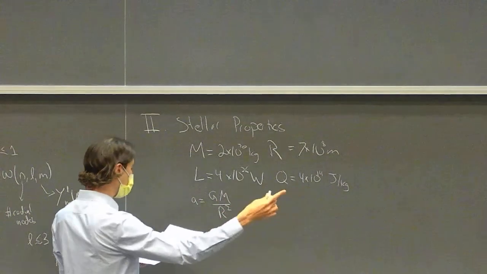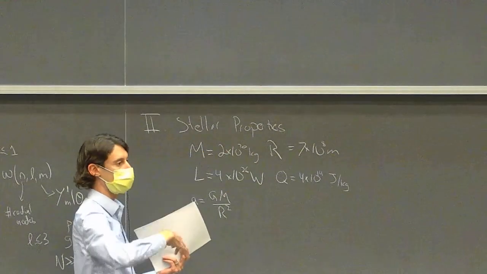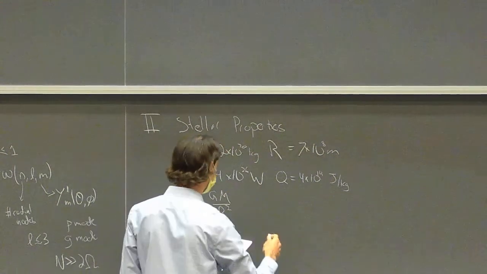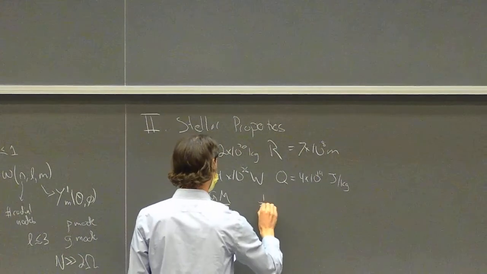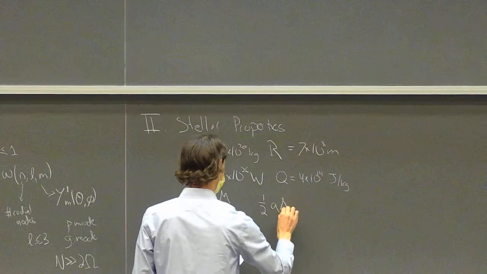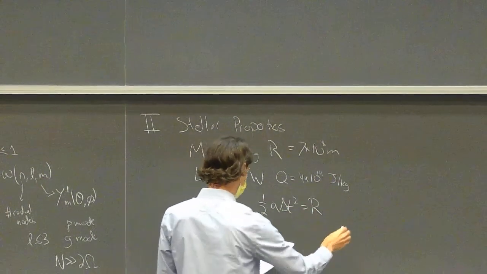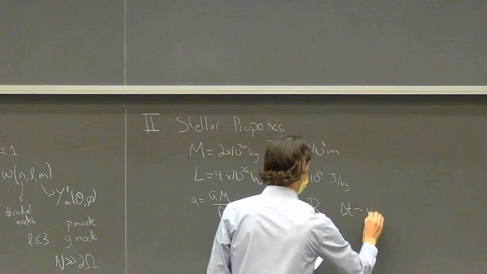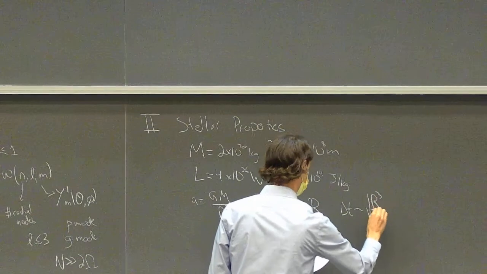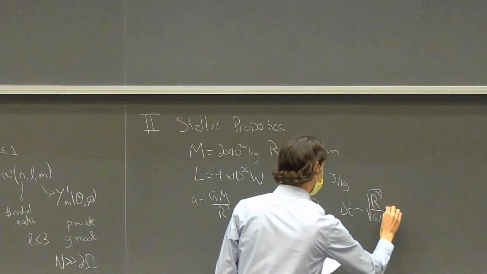And if you have that acceleration from the surface all the way to the center, then the amount of time it would take for you to fall to the center, which is 1/2 a Δt squared, is equal to R. So that means that you end up with a time scale Δt which scales like the square root of R cubed over GM, and this is referred to as the dynamical time.